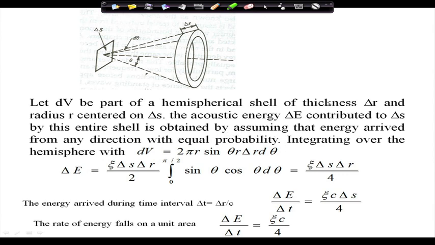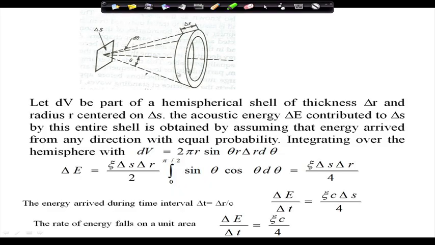That means, if this ball strikes, the next ball comes from a lower direction and strikes. So, from different directions, different sound energy packets strike the surface del S. That is nothing but the hemispheric shell arriving at del S.